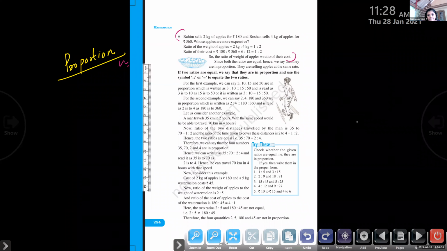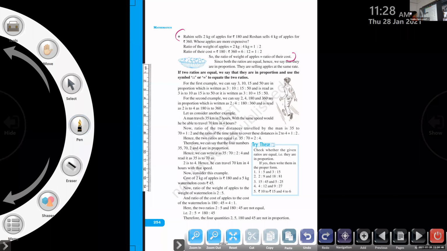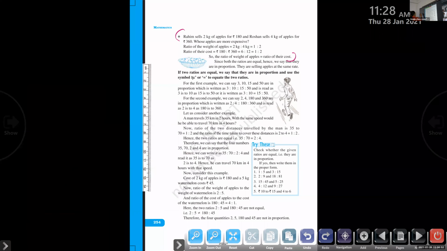Okay, children. So here, the ratio of the weight of apples. We will write the weight first. Clear, children? Weight of apples, 4 kg.